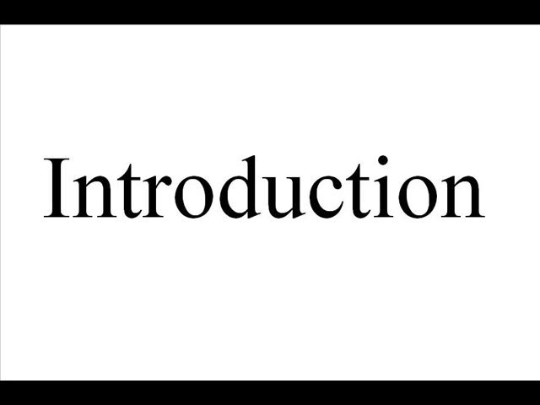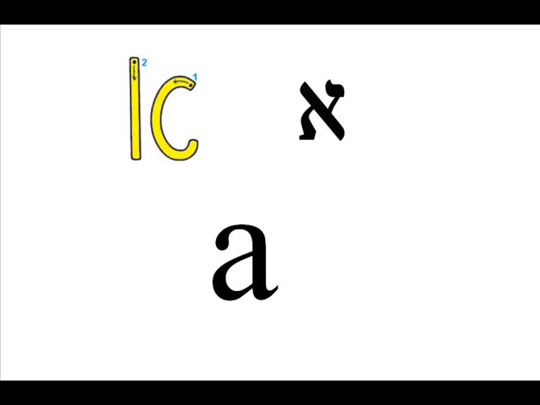Our first letter is called Aleph, and you see it in yellow. You have the cursive character, and in black you have the printed character, and it's pronounced as A. And this letter has several functions.